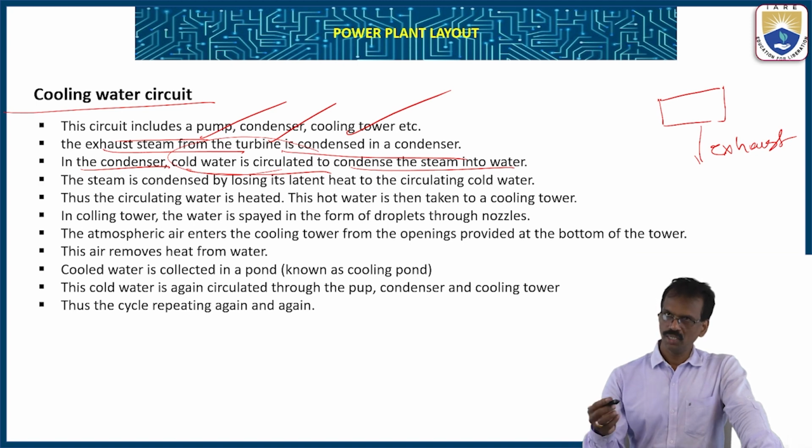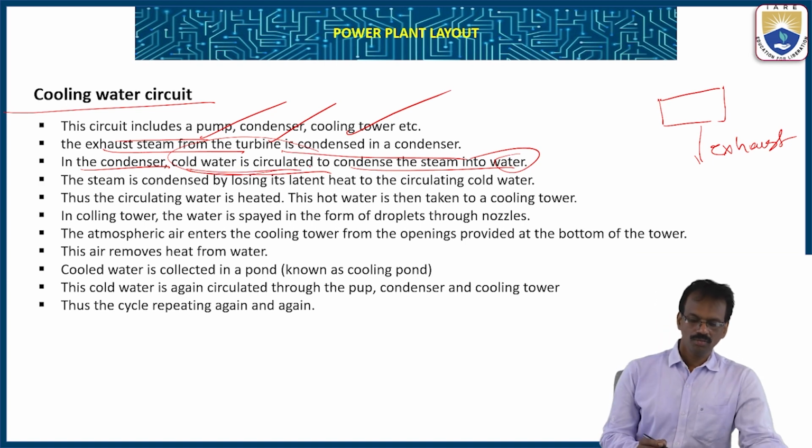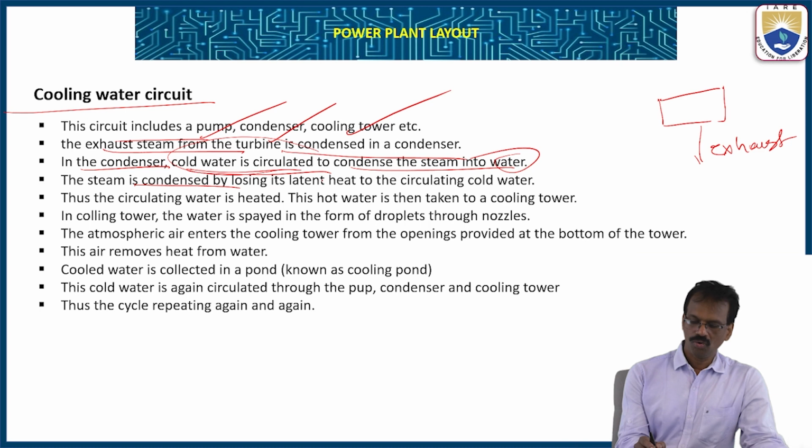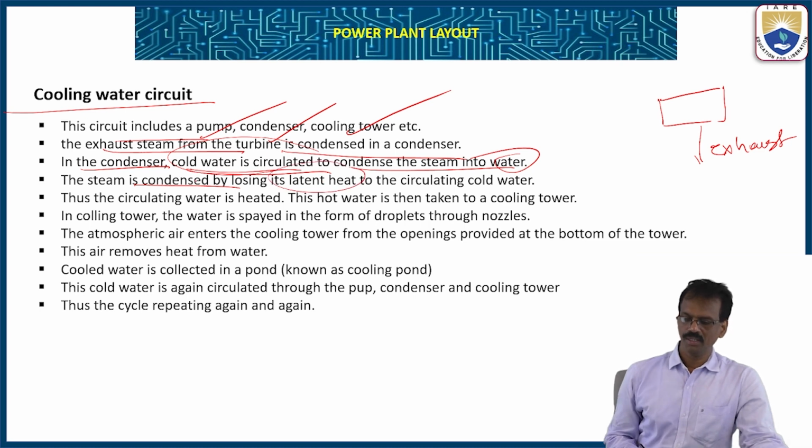It means through the condensation process, the exhaust steam is transformed into water by the effect of cold water circulation. The steam is condensed by losing its latent heat, and that latent heat is taken by the cold water.